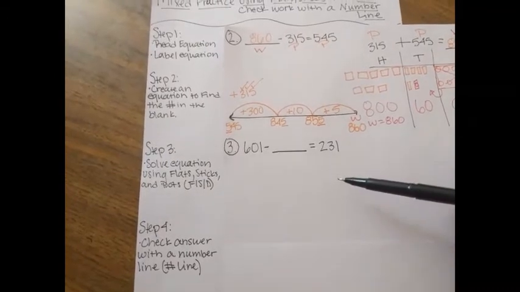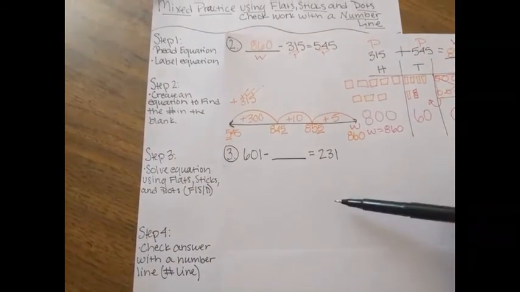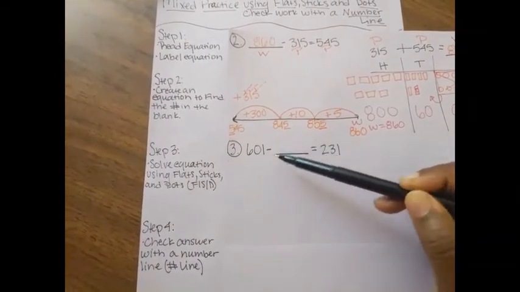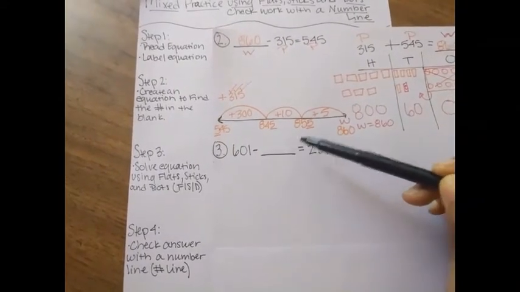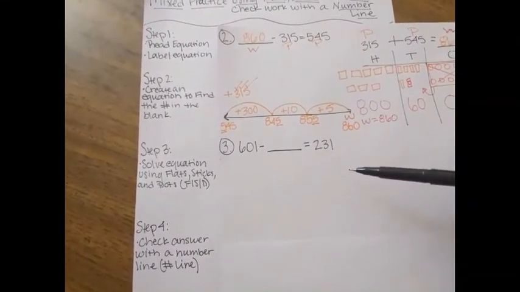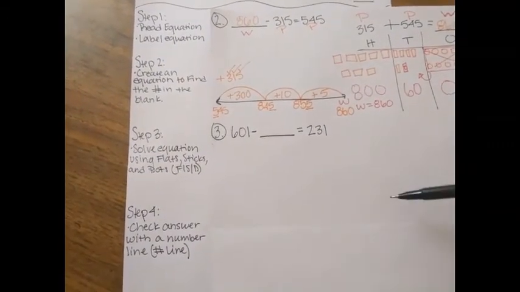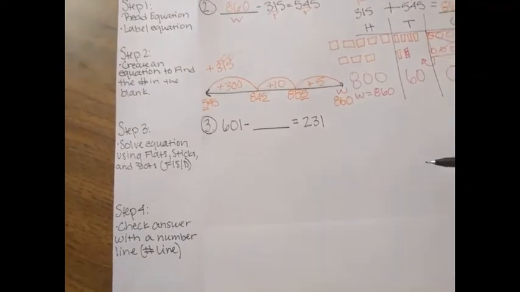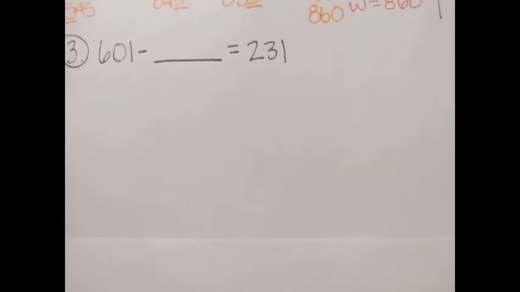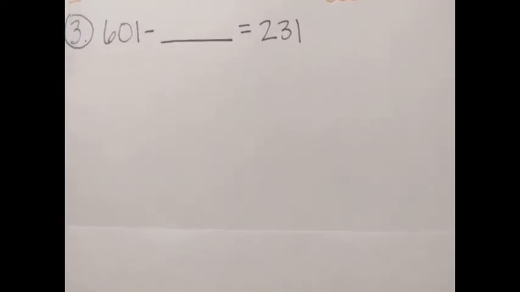Make sure you are labeling your equation, creating an equation to find the number that is in the blank. Use your flat sticks and dots to solve, and then check your answer with a number line. When we return, we will compare and share our answers. Go ahead and give yourself 1 minute to solve.